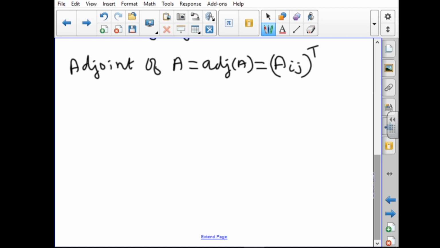Now we will see the problems in the exercise, Exercise 1.1. Before looking into that, we will see how to find the adjoint.